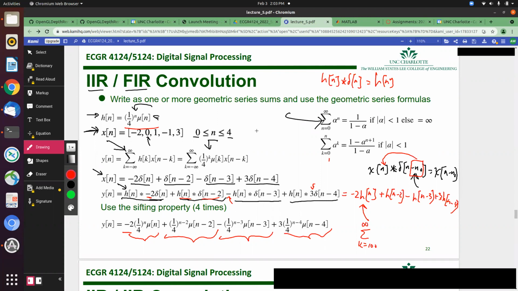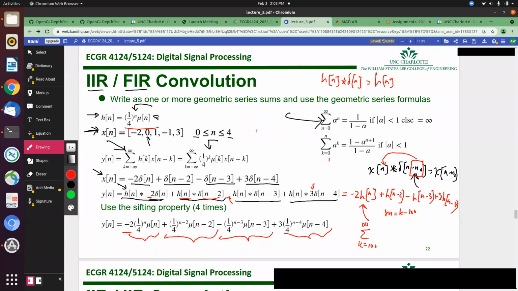You'd want it to start at 0, so you define a new variable, m equal to k minus 100.